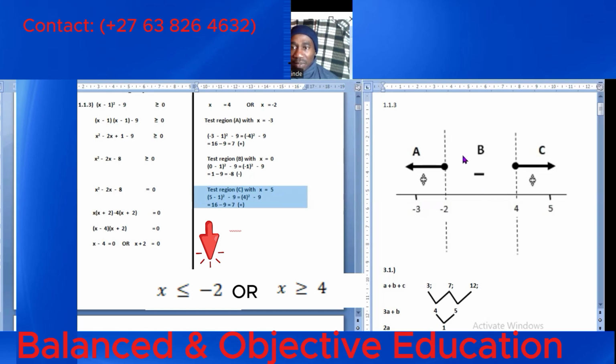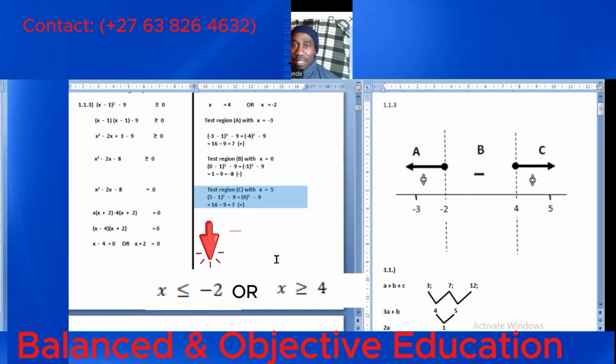And you can see that there is no linkage between regions A and C. So you cannot combine those values together, right? So you write those values separately as x less than or equal to -2, or x is greater than or equal to +4. So that is the solution there to that question 1.1.3.